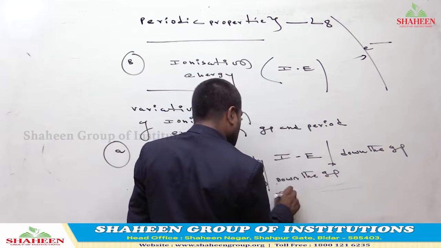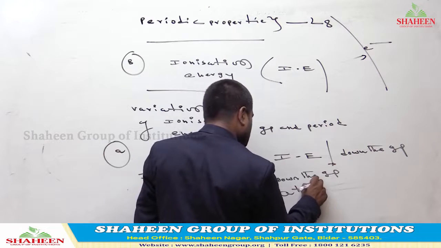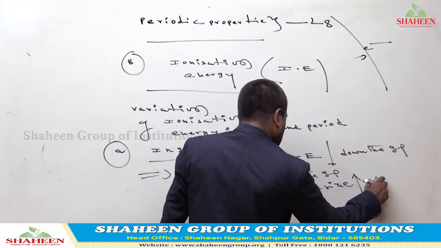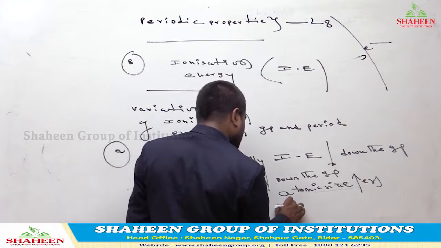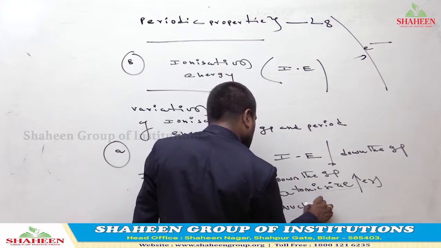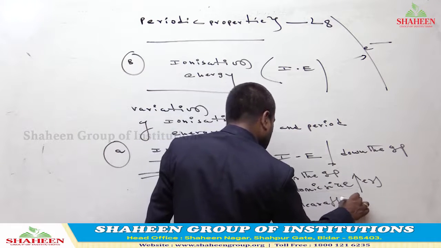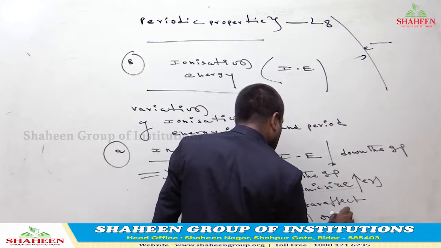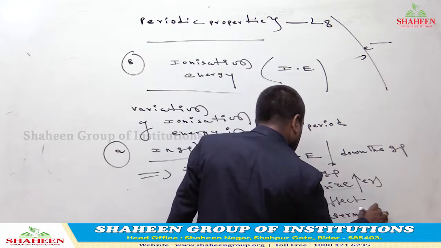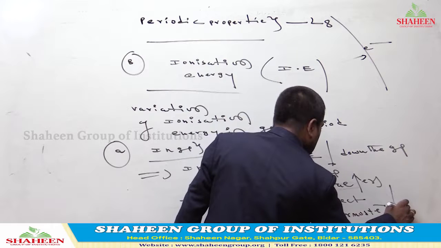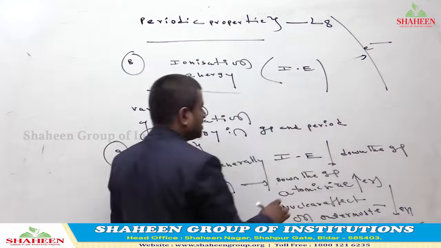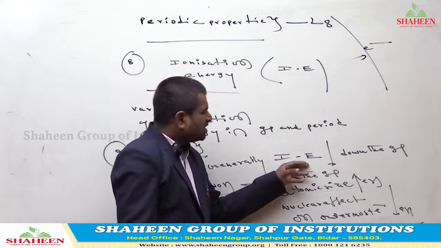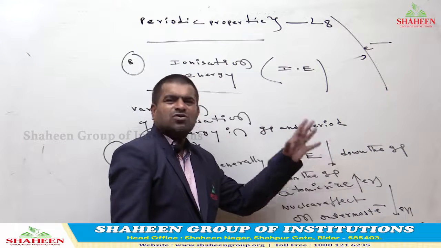Down the group, atomic size increases and the nuclear effect on the outermost electron decreases. So, ionization energy decreases. Remember students, in general ionization energy decreases down the group.